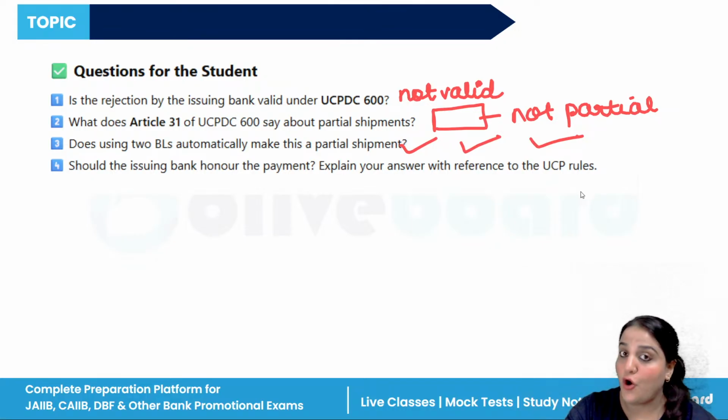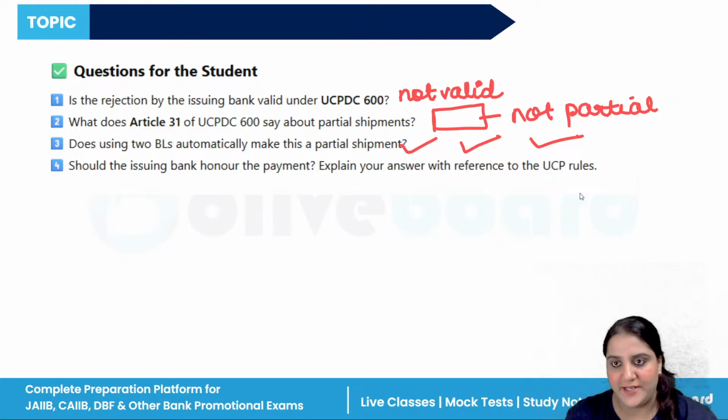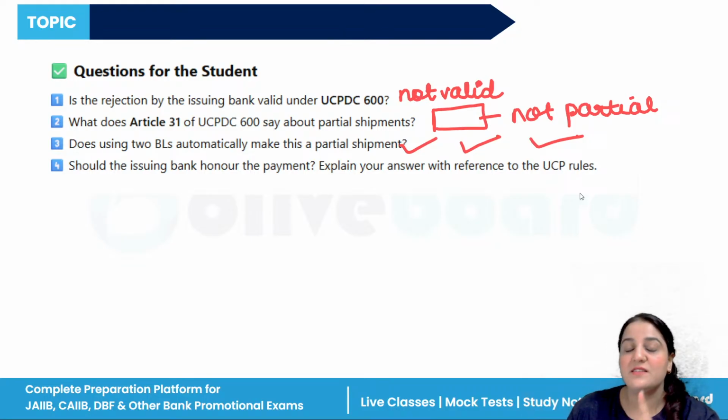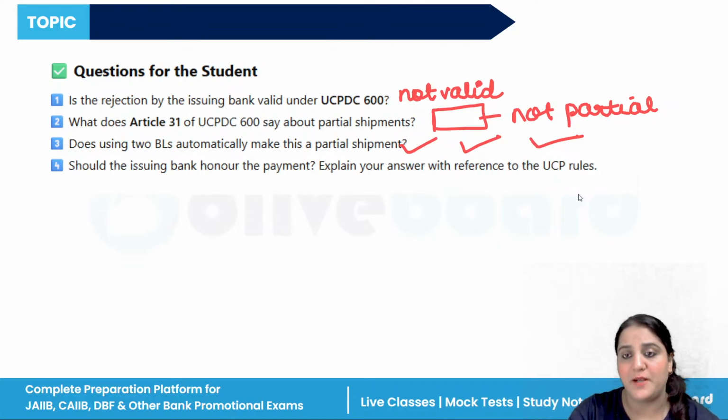Obviously, the documents are fully according to Article 31 of UCP 600. LC does not specifically require, LC is not saying that they need only one bill of lading. Since they only mentioned that partial shipments are not allowed, which means goods must not be shipped in separate vessels or separate journeys, but they are shipped together on one vessel, so there is no partial shipment.